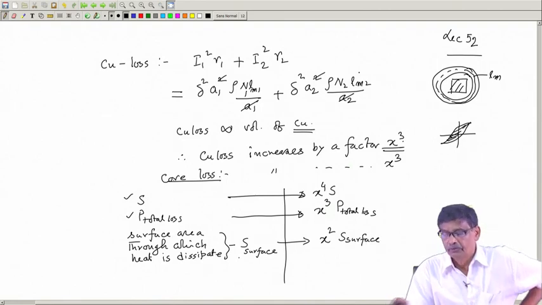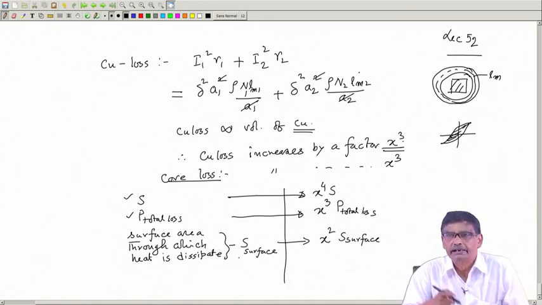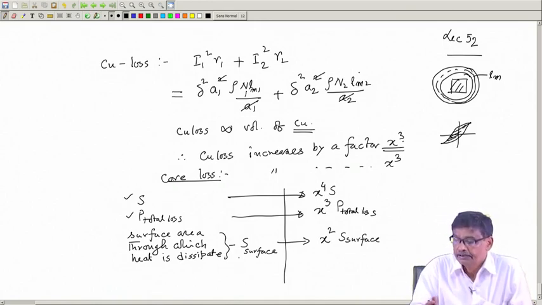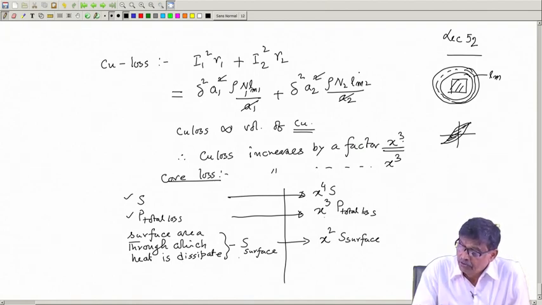Got the idea? So, if you imagine linear dimensions have increased, with same magnetic loading and same electric loading, you can easily see the loss increases by a factor of x cube.